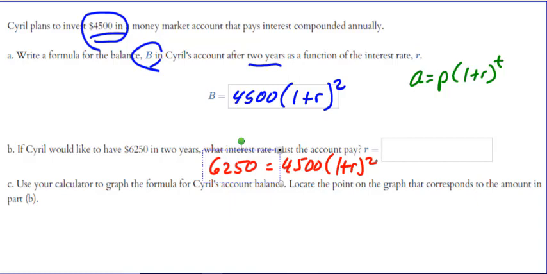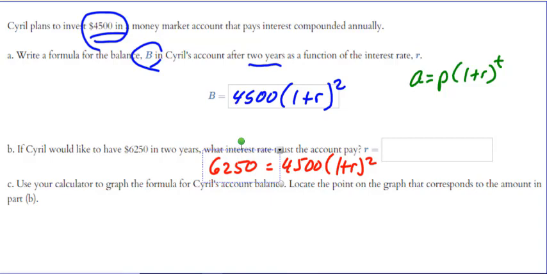Now, I'm going to tell you this r is going to be small. It's going to be a decimal, less than 0.5, because 0.5 as a decimal is really 50%. You could probably make it 0.2 if you wanted to, but we'll talk about that when we get to the calculator. I just want to make sure you understand that this interest rate is going to be a very small number as a decimal, below 1.